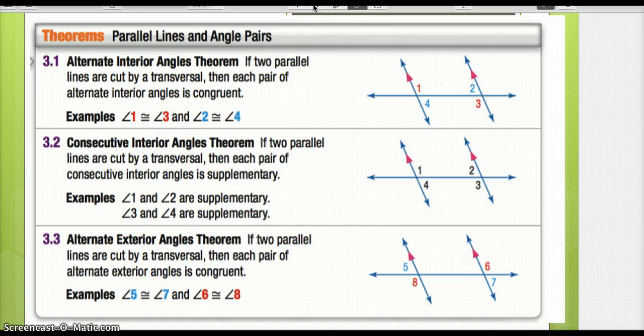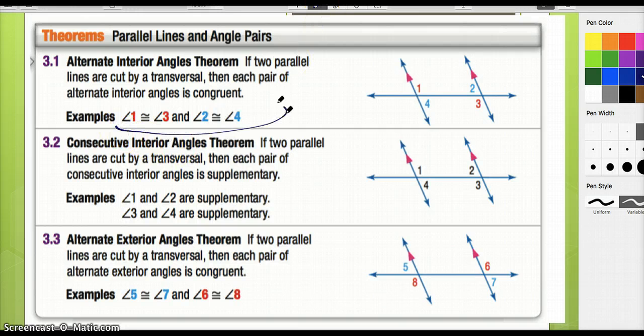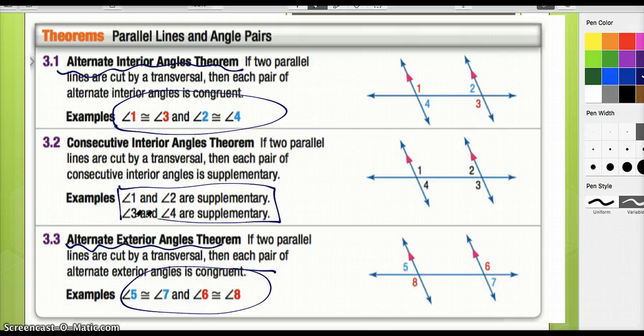And I want you to just take a look. Remember, corresponding angles were congruent, alternate interior angles are congruent, alternate exterior angles are congruent. You know what's not congruent? Consecutive interior angles. Those guys are supplementary, and I want to point that out. So I just want to go through it really quickly. Remember when we had corresponding angles, those guys were congruent.